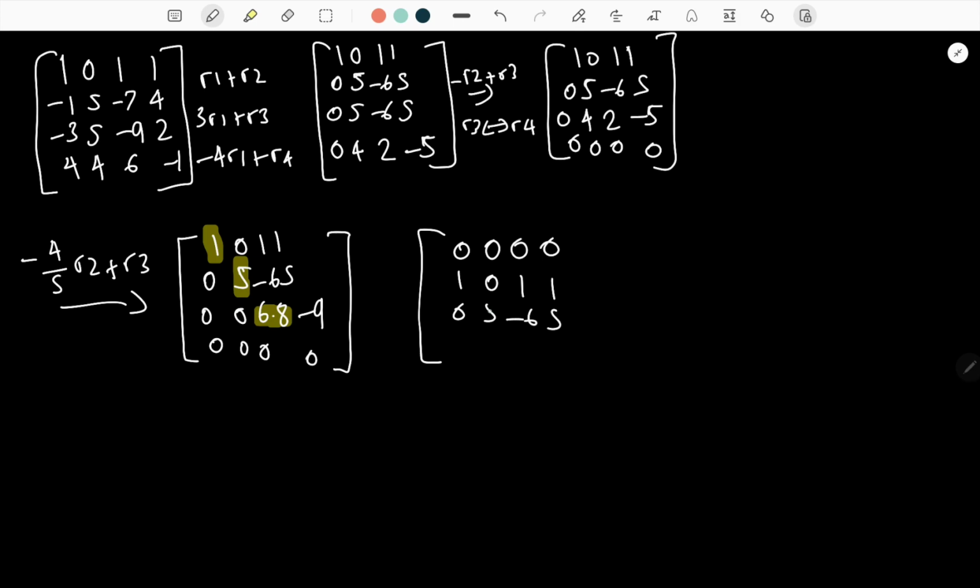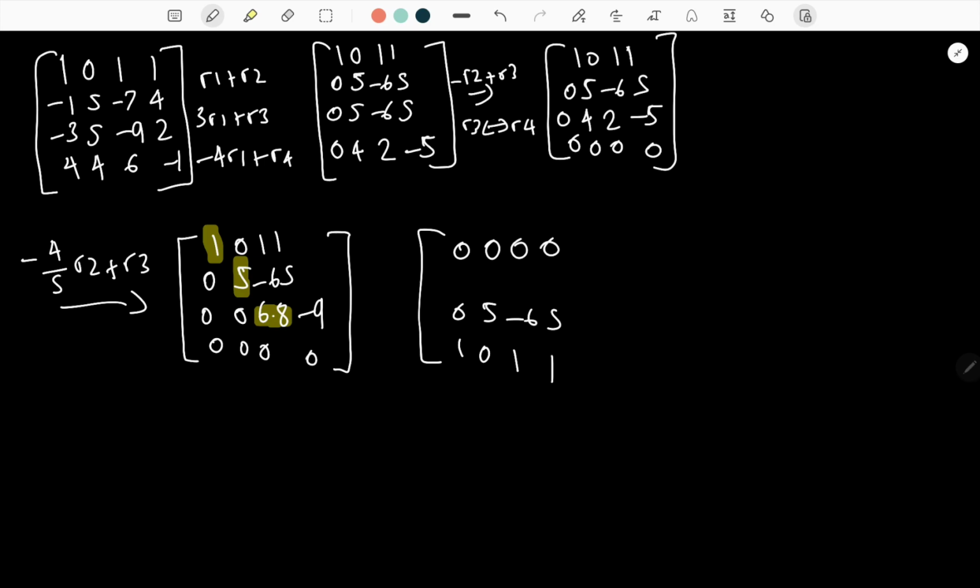Minus 5, and then we have... actually this one here will be here, and here will be this one.